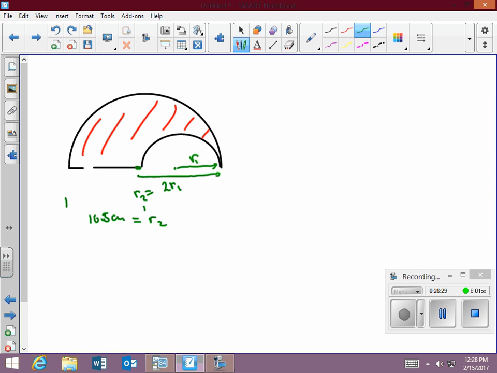So essentially we know R2 and we know R1, and we want to know the area. Should we convert them to diameters or no? No, never mind. You need radiuses for areas.